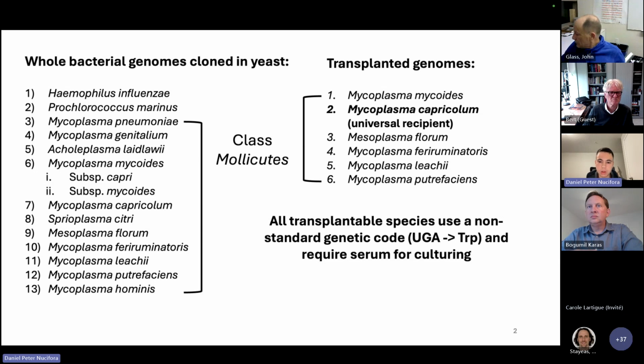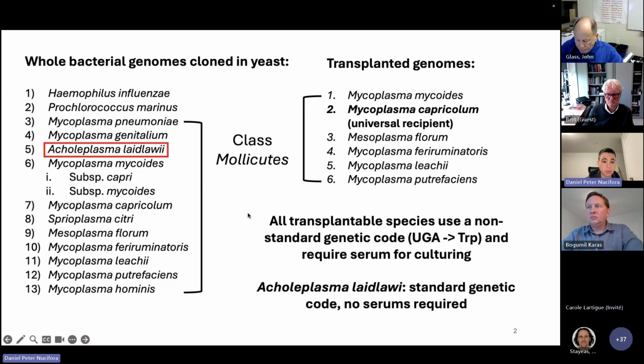And within the mollicute class, genome transplantation is currently restricted to a single phylogenetic group consisting of species such as mycoplasmas and mesoplasmas. To date, all of these transplantable species use a non-standard genetic code and also require some sort of serum like FBS for culturing.